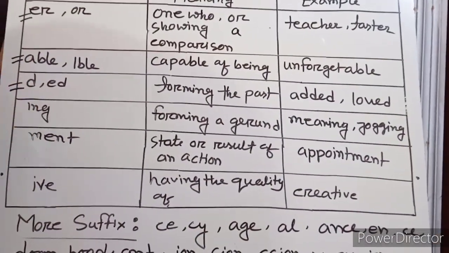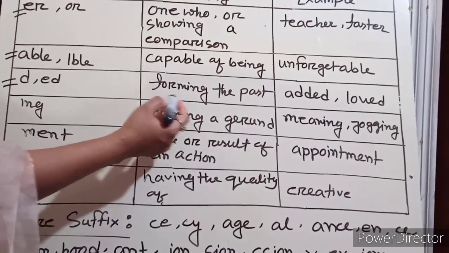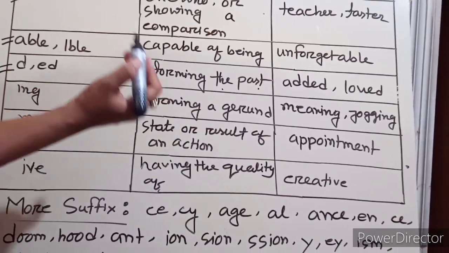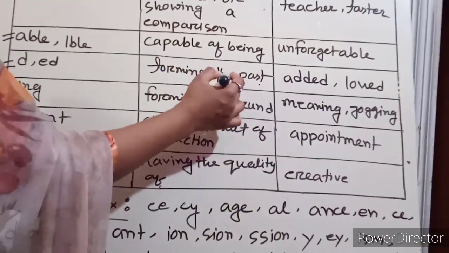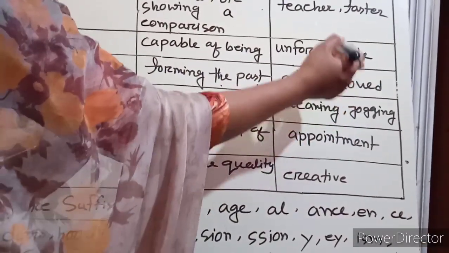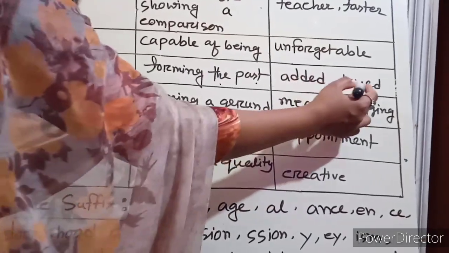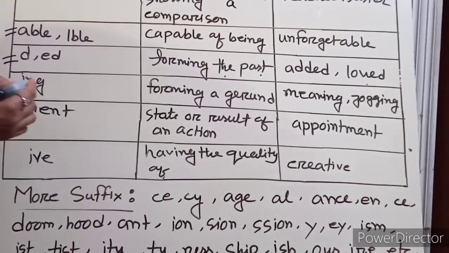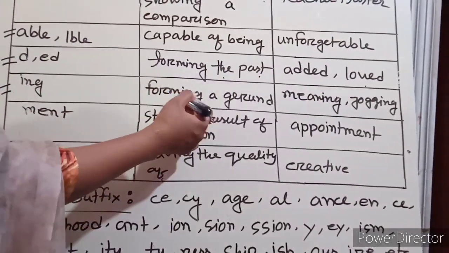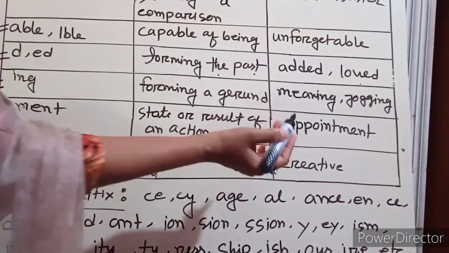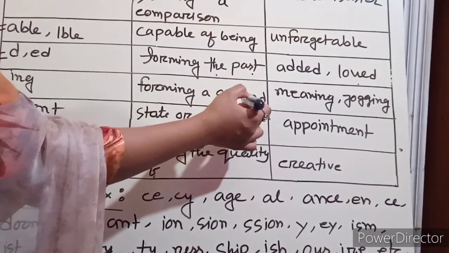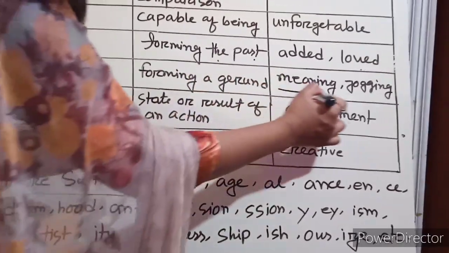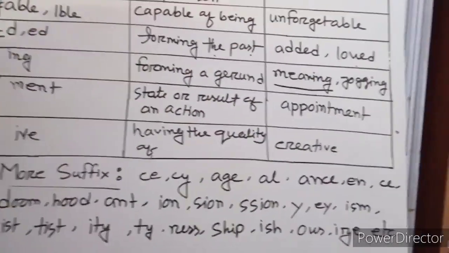Next one, d or ed, forming the past. D and ed are specially used for forming the past. Here examples: added and loved. Next one, ing. It's basically used for forming a gerund. I hope you have enough idea about gerund, verb plus ing. So forming a gerund, here is the example, meaning.